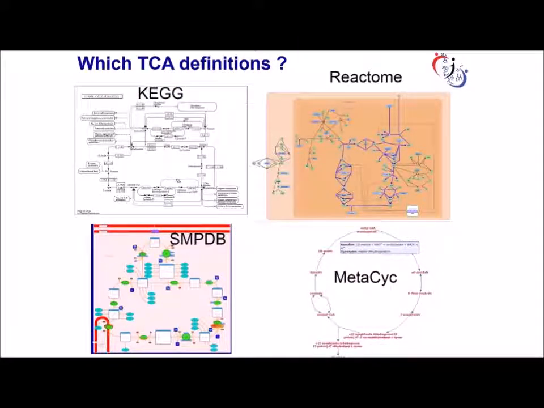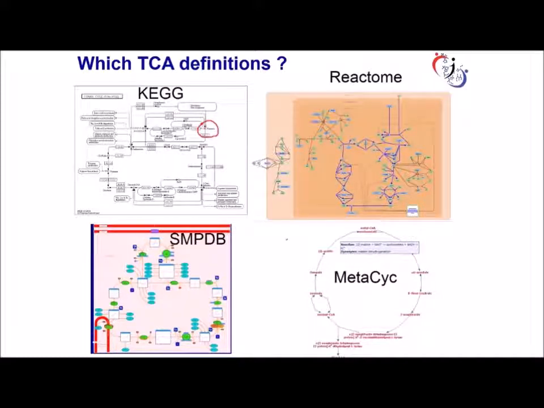Even for a well-known pathway map such as the TCA cycle, the maps are different. For example, MetaCyc does not have pyruvic acid, whereas KEGG has it, as does some small molecule pathway database. But overall, you see that KEGG has way more compounds than MetaCyc, whereas Reactome also has additional compounds for the TCA cycle.